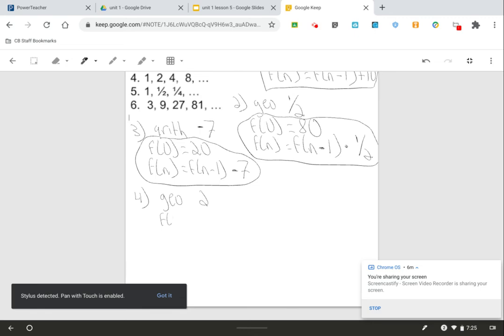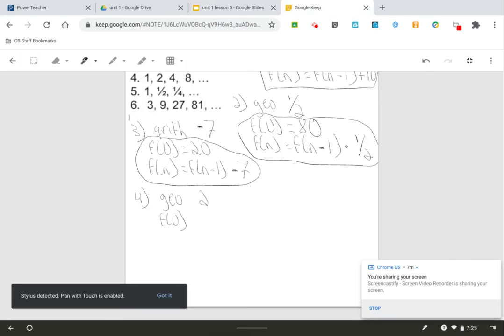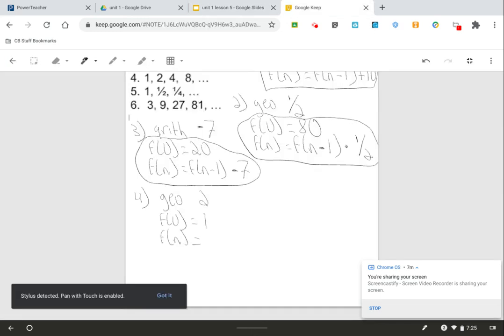Our f of 0 is going to be 1, and for f of n we use the multiplying one again, the one at the bottom: f of n equals f of n minus 1 times 2.